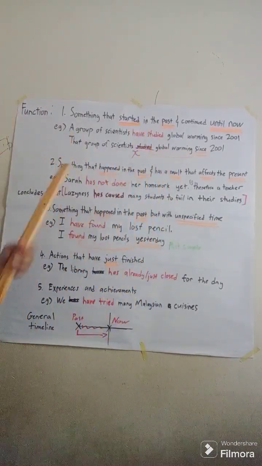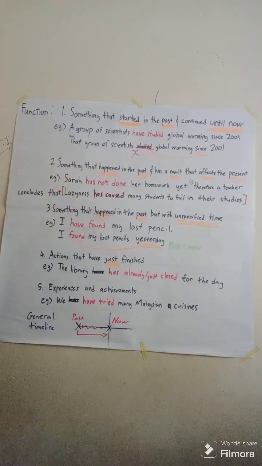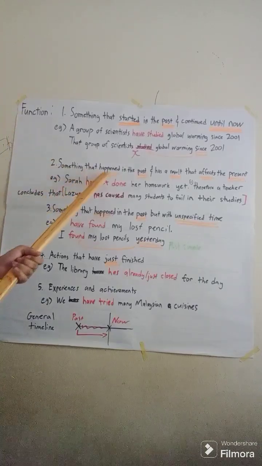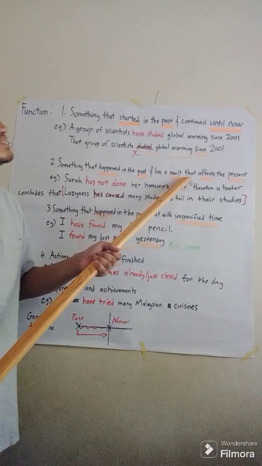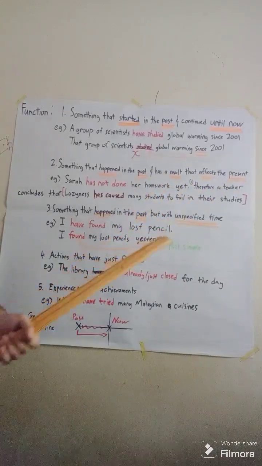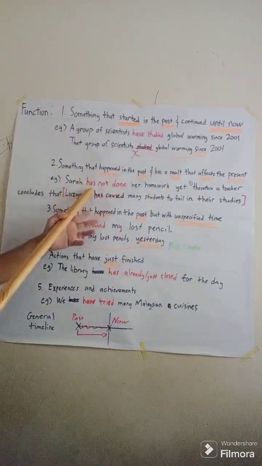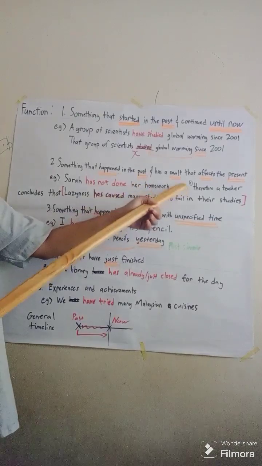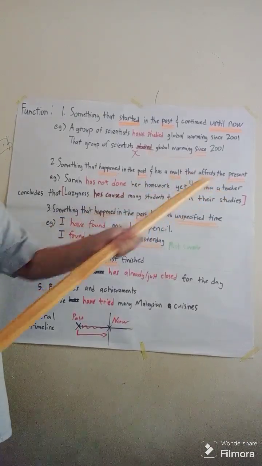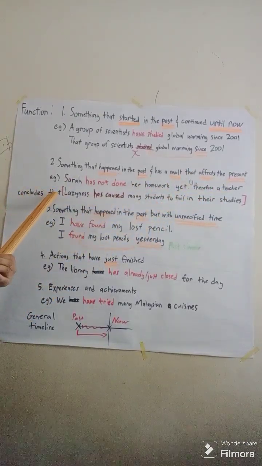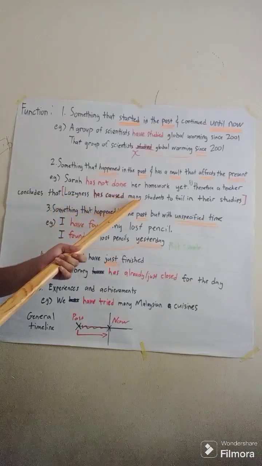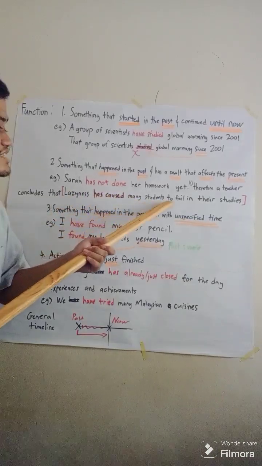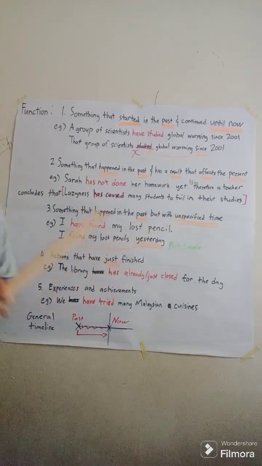Okay, continuing on. We use present perfect simple for something that happened in the past and has a result that affects the present. For example, Sarah has not done her homework yet. Therefore, a teacher concludes that laziness has caused many students to fail in their studies.